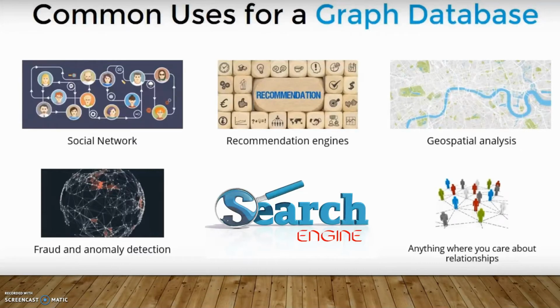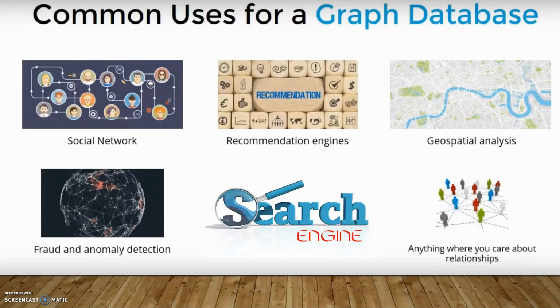Another application of a graph database is a search engine. The World Wide Web is itself a collection of billions of interrelated web pages. Search engines use a concept called web crawling. Web crawling is nothing but a collection of nodes for various web pages.